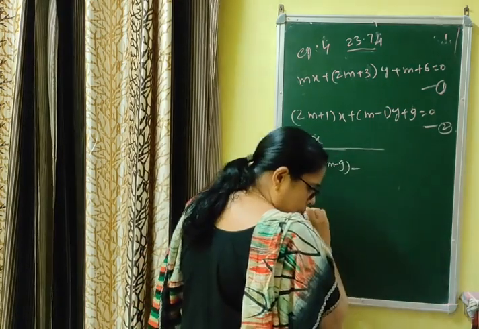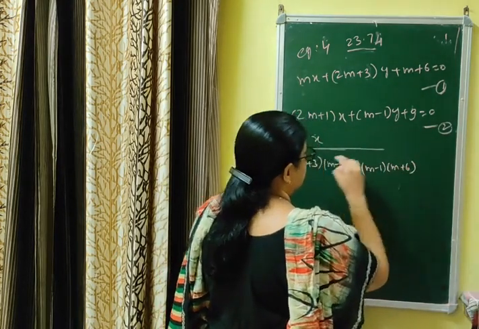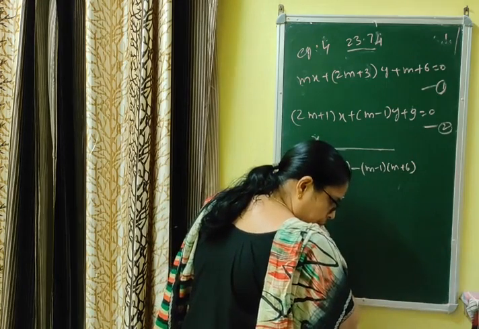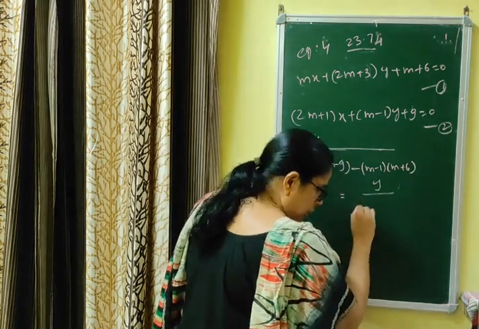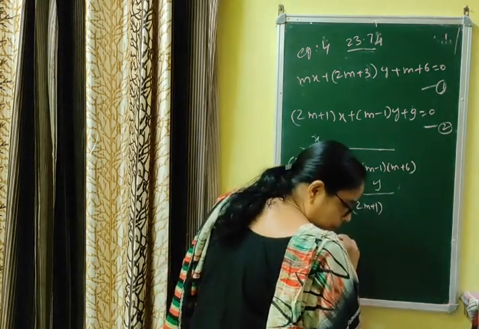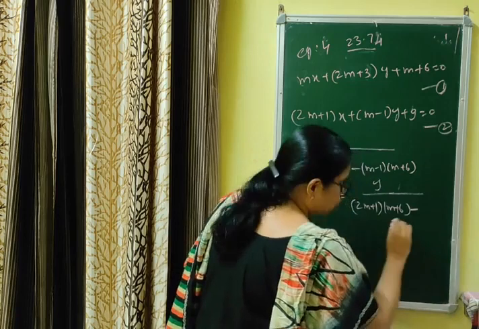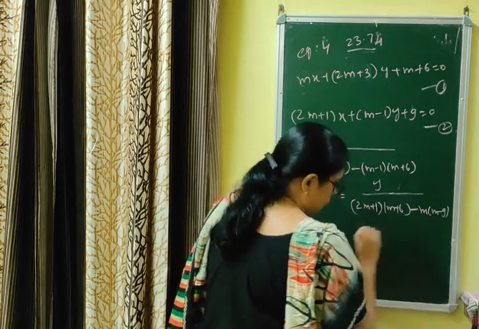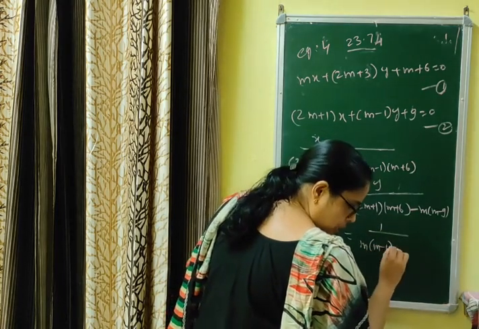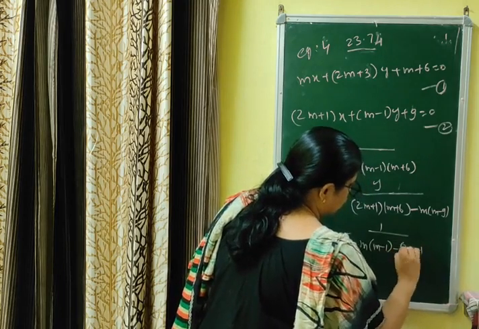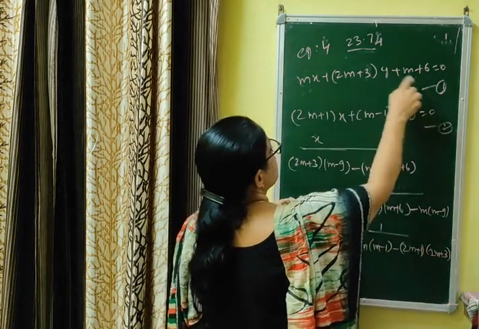I am not showing you all the steps. (m minus 1) multiplied by (m plus 6), that is x by b1 c2 minus b2 c1, is equal to y by a2 c1 minus a1 c2, that is (2m plus 1) multiplied by (m plus 6) minus m into (m minus 9), is equal to 1 upon a1 b2 minus a2 b1, m into (m minus 1) minus (2m plus 1) into (2m plus 3). This is a1 b1 c1, a2 b2 c2.